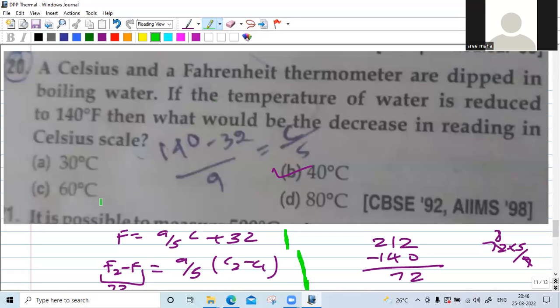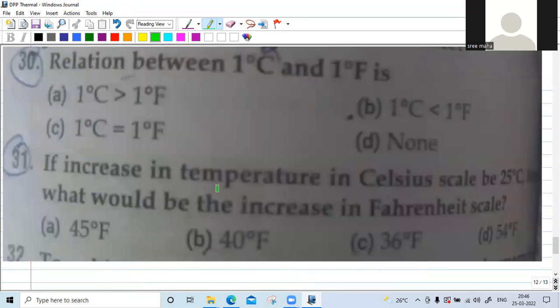So when F2 minus F1 is whatever, basically a 1 degree drop in Fahrenheit will correspond to... basically the Fahrenheit scale has finer divisions. The Celsius scale has bigger divisions. The Fahrenheit scale has finer divisions. So A is definitely true. C is not true. Okay, then this is the only one.